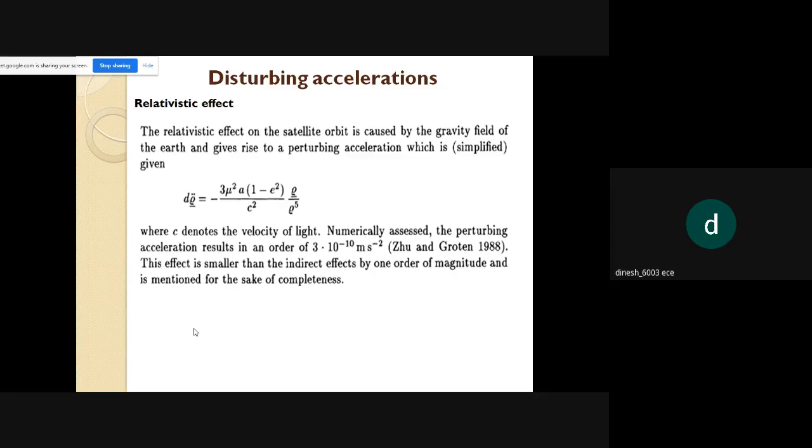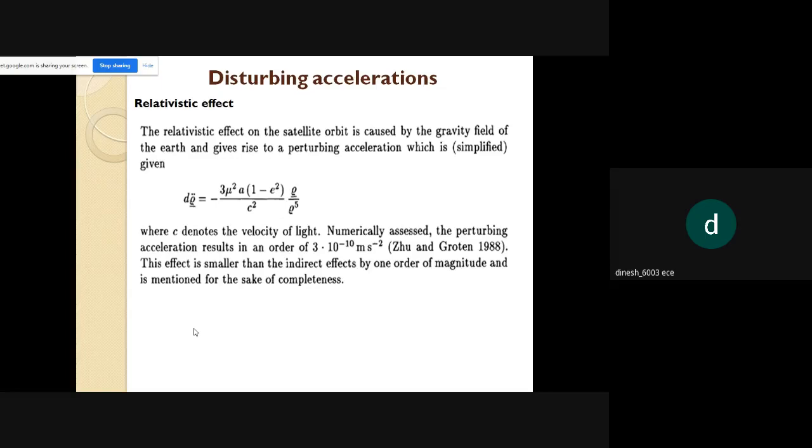Here c is the velocity of light, approximately 3 into 10 power 8 meter per second, and the perturbing acceleration will be of the order of 3 into 10 power minus 10 meter per second square.